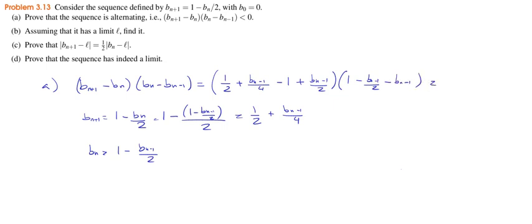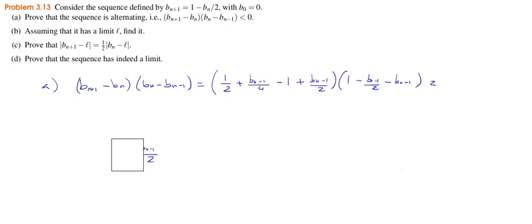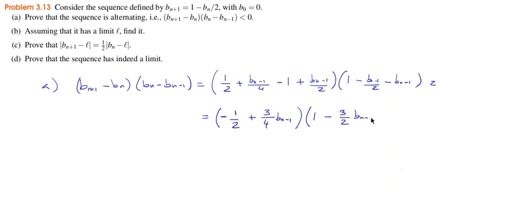I'm going to erase this. We have 1 half minus 1 is minus 1 half, and then you have plus 1/4 of b sub n minus 1 plus 1 half of b sub n minus 1 is 3/4 b sub n minus 1. And here you have 1 minus 3/2 of b sub n minus 1.